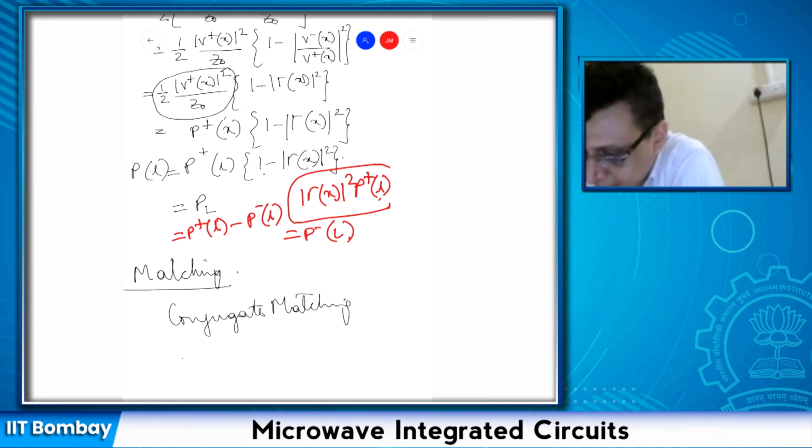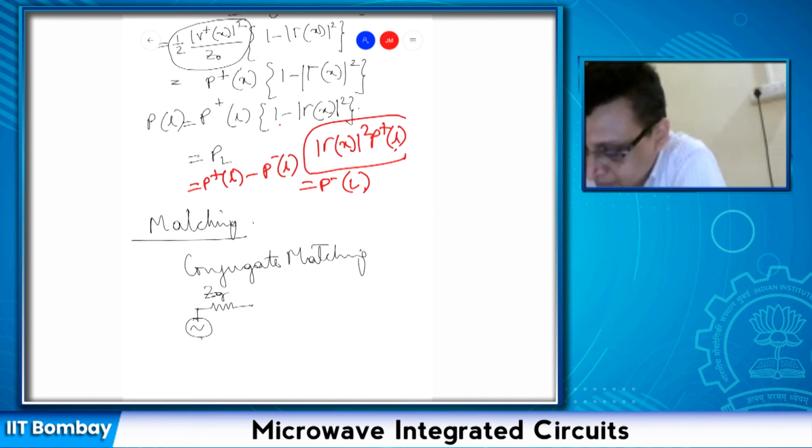So conjugate matching is like this. You have, say, a generator with an internal impedance ZG, then the load that should be connected for maximum transfer should be the conjugate of ZG.